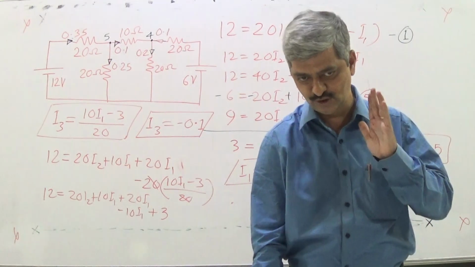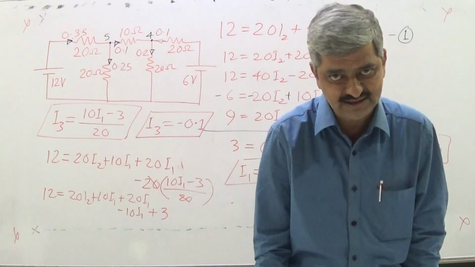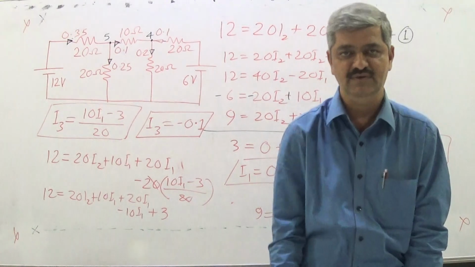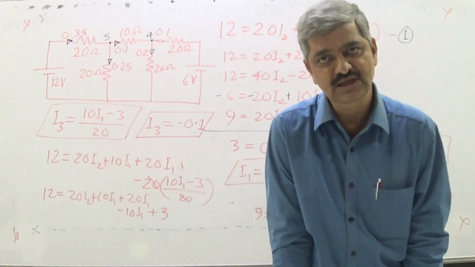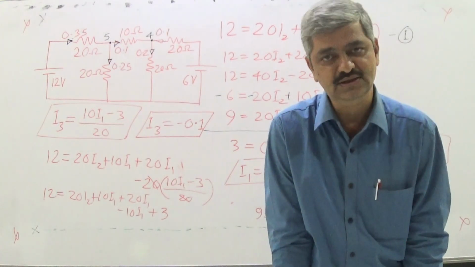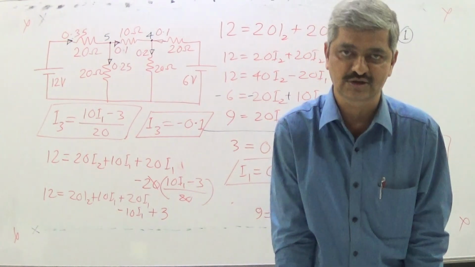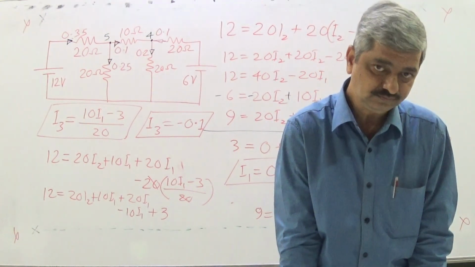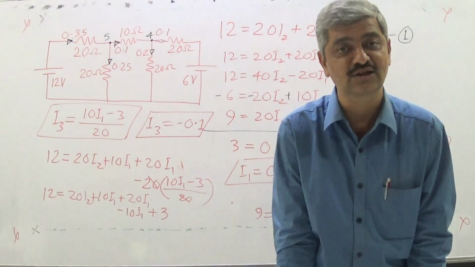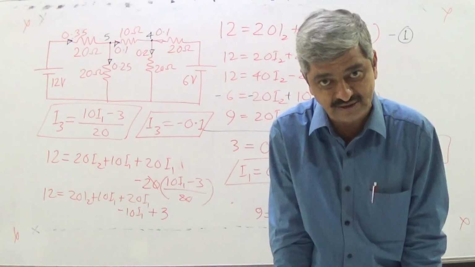You have to assume direction, you have to assume currents in various paths, apply KCL at various nodes so that you minimize number of current variables, and then using KVL you can construct as many equations as is equal to number of variables and you can solve them. So it is very easy and no additional law is required, no additional theorem is required.